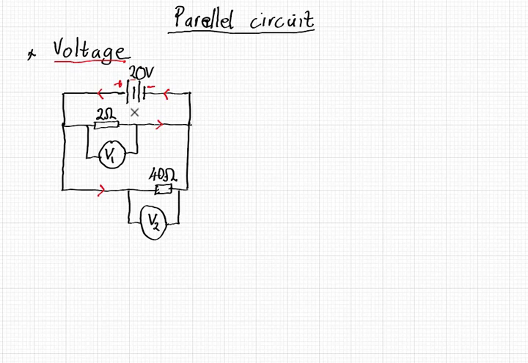Okay, I'm imagining a charge. So I see this resistor is 2 ohms. This one is 40 amps. I could have written a big value really, like say 400 ohms. I don't care. It will change nothing at all as far as voltage across the branches or in parallel is concerned. So here is a charge.